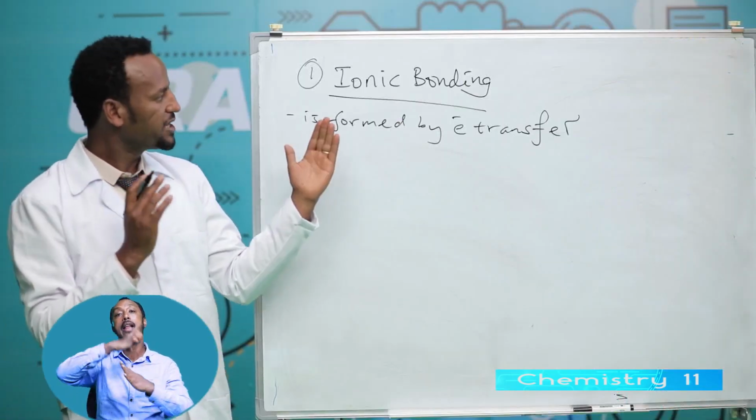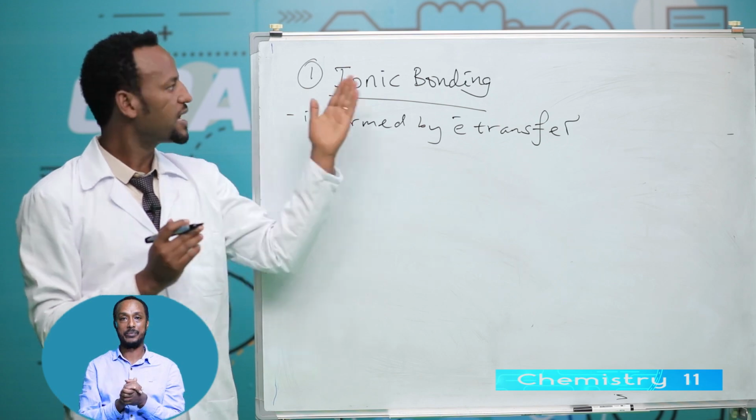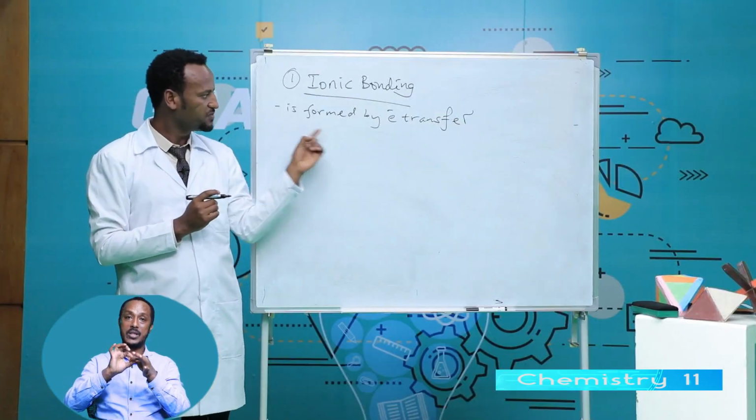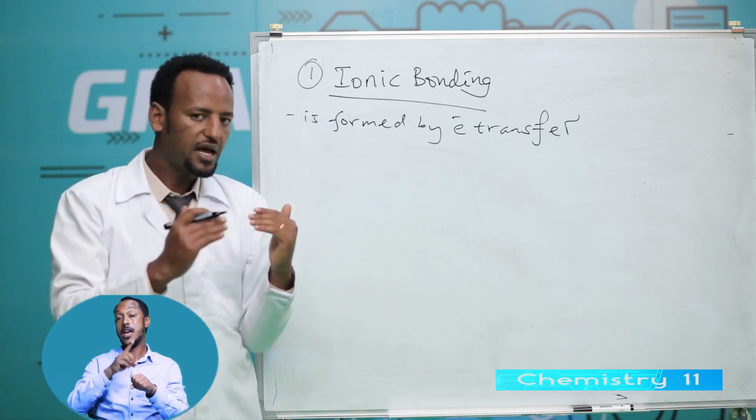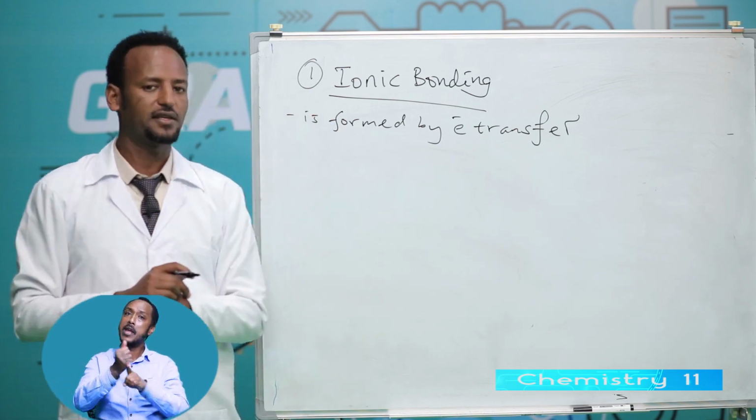Because ionic bonds are under chemical bonds, they are formed by electron transfer.